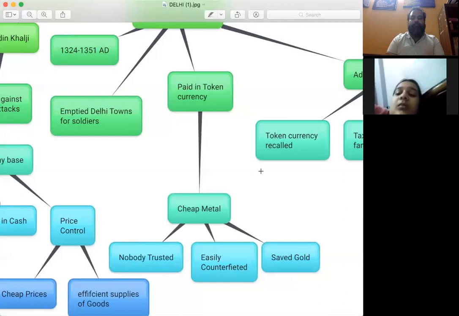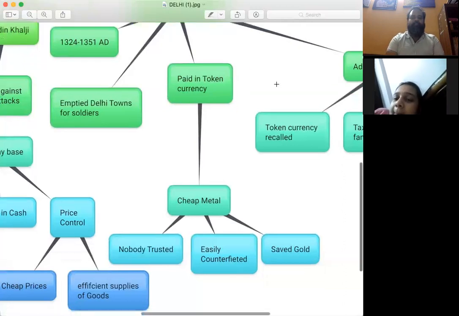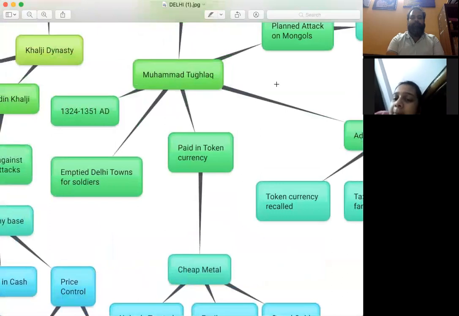But Tughlaq's currency was easily counterfeited; it was something very simple. People used to create counterfeit, the nakli coins, and they would save their gold. Whenever the king asked for taxes, they would give back that same cheap metal to him. That way they saved a lot of money.